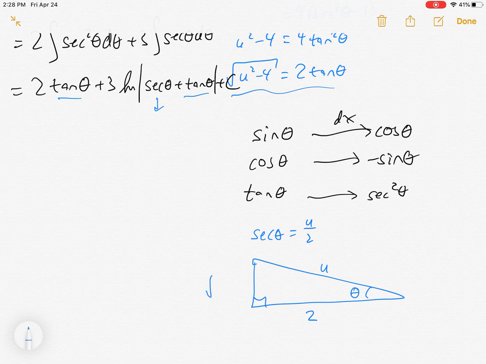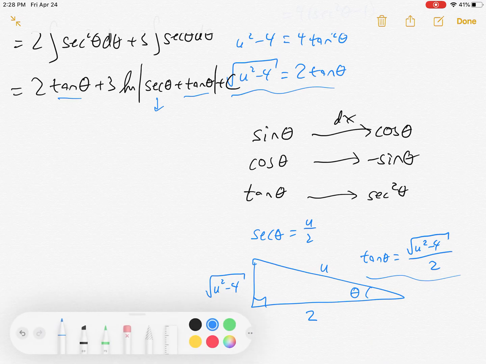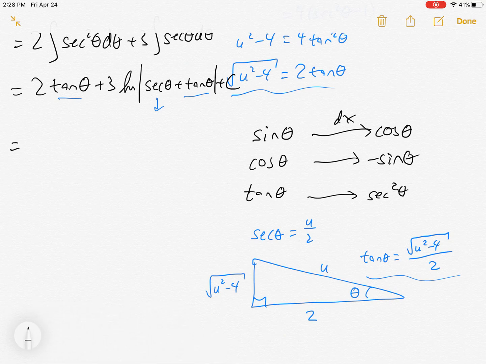So I'm going to draw my triangle, call that theta. Secant is the reciprocal of cosine, so it is hypotenuse over adjacent. You could check me on this, but the opposite side is going to be the square root of u squared minus 4. So tangent of theta is going to be square root of u squared minus 4 over 2. I'm going to need that.